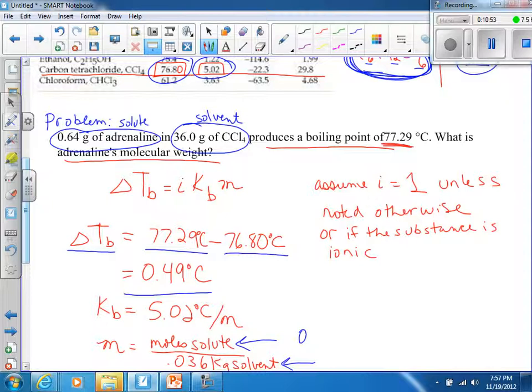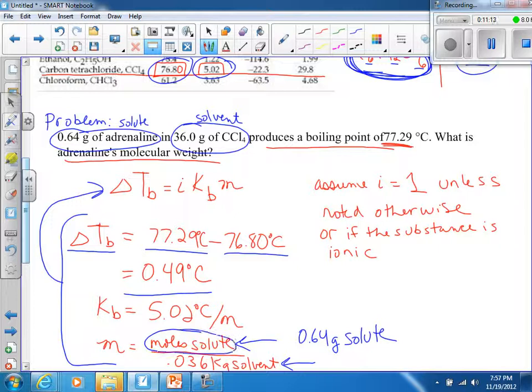We do know that we have 0.64 grams of solute. If we plug all of this information into our boiling point elevation equation, we can solve for the one missing piece, which is the moles of solute.